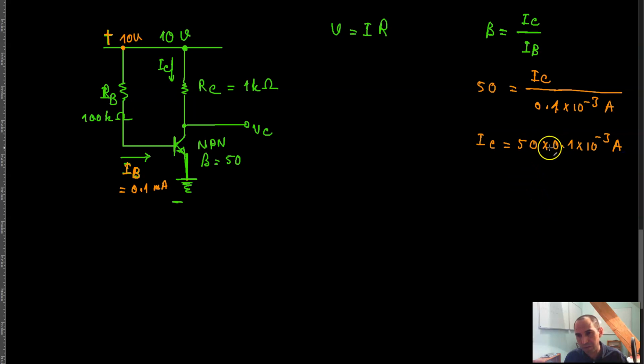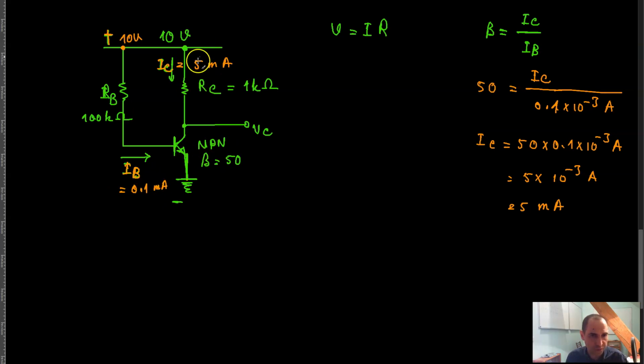And that's the same thing as 5 times 10 raised to the power negative 3 amp, which is equal to 5 milliamp. That means that your I of C is equal to 5 milliamp, right? Based on this relationship, you can see that 0.1 milliamp and 5 milliamp, that's actually 50 times.